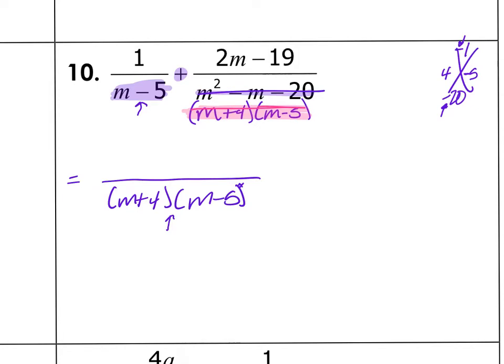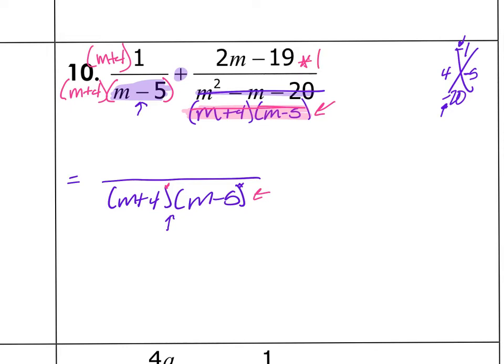Now I just need to ask myself, what does this denominator need that this one has? Well, it needs an m plus 4. So times m plus 4. There we go. What does this denominator need that this one has? Well, nothing, so I'm just going to times it by 1. Good.